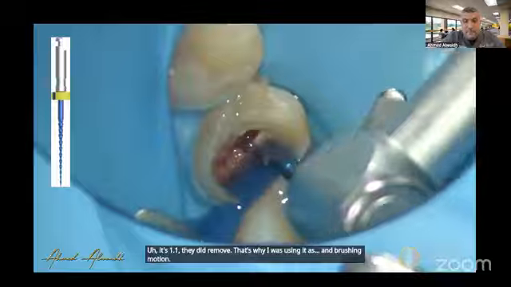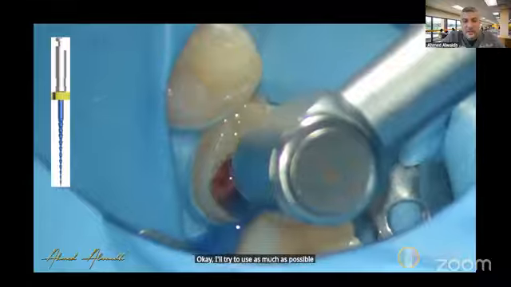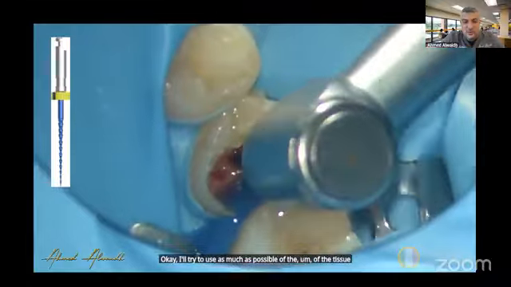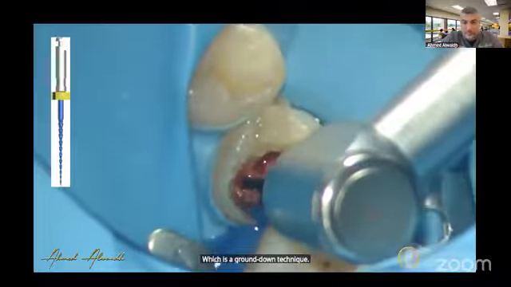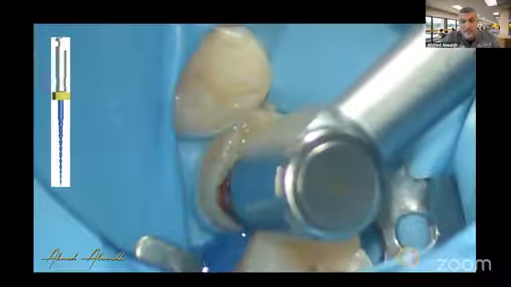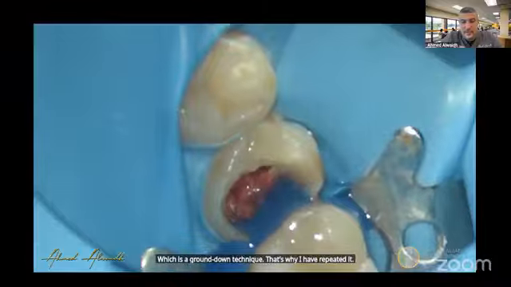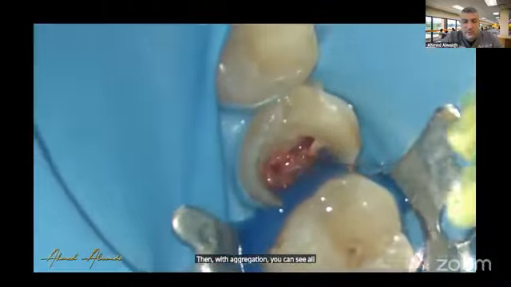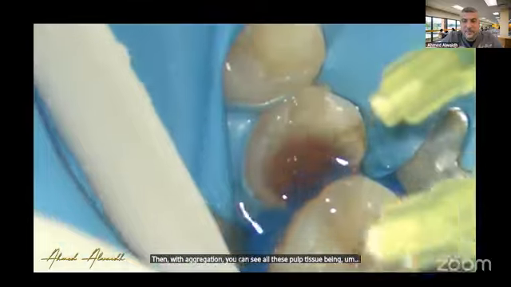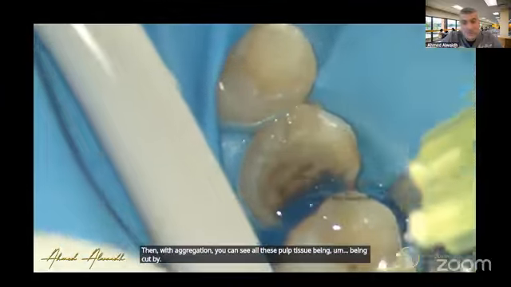I try to use it to remove as much as possible of the pulp tissue in the coronal portion, which is a crown-down technique. That's why I repeated it. Then with irrigation, you can see all this pulp tissue being cut by this file, which is very, very nice.